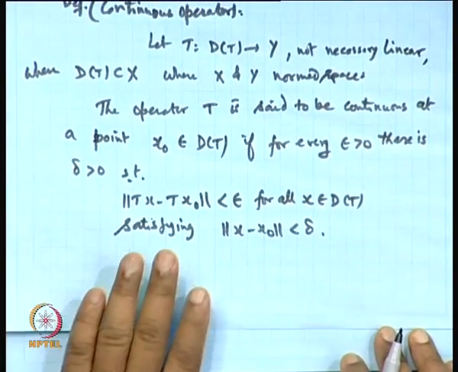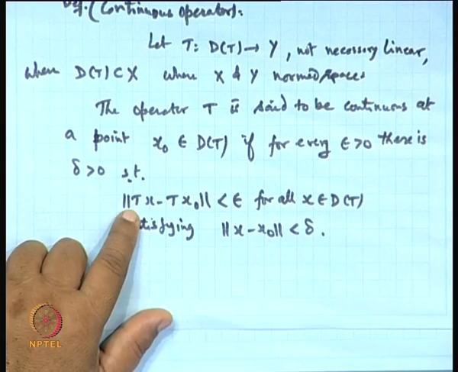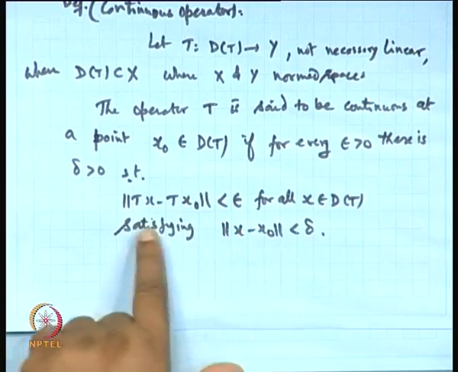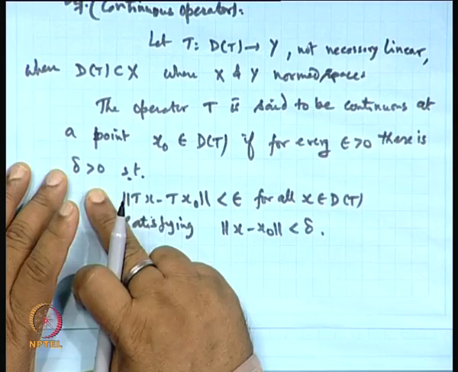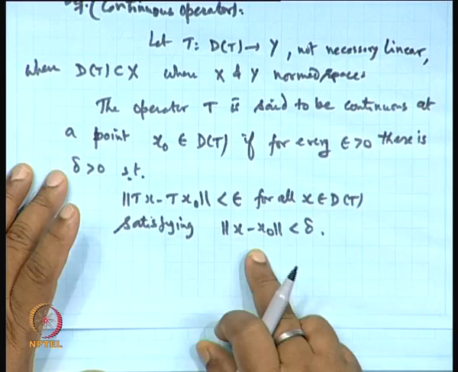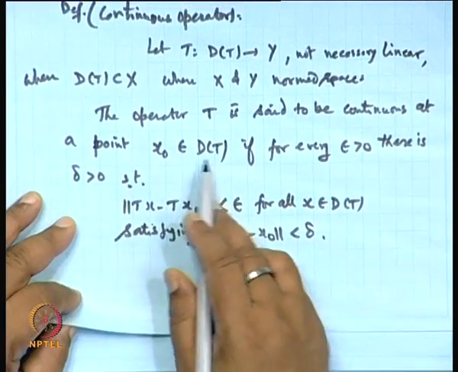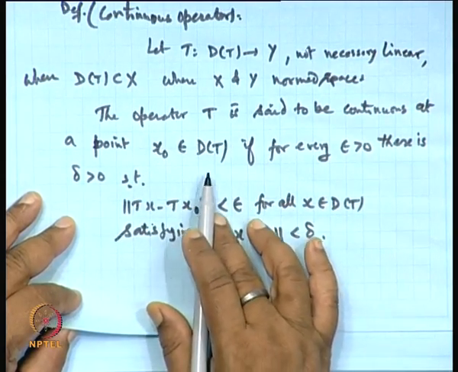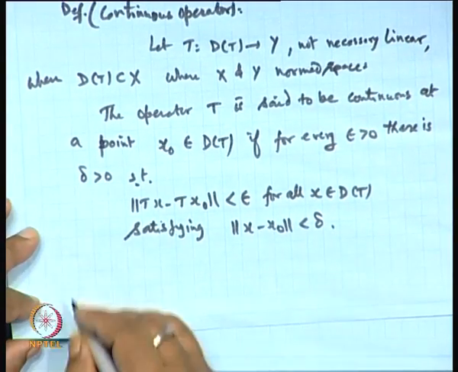So, its definition is parallel to our definition of the continuous function. The only thing is, the mapping f is replaced by operator T. So, for an operator for which this condition is satisfied, for any epsilon one can identify a delta such that the difference between the images remains less than epsilon, provided the difference between the points is less than delta. Now, if x naught is an arbitrary point and this is true for all points of D(T), then we say T is continuous over the domain.